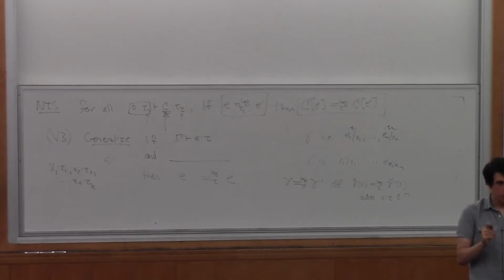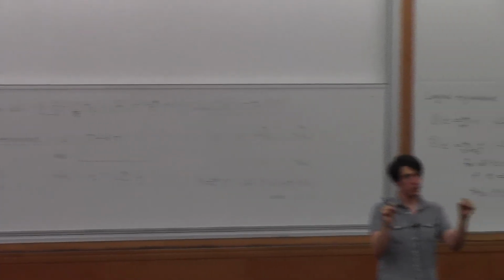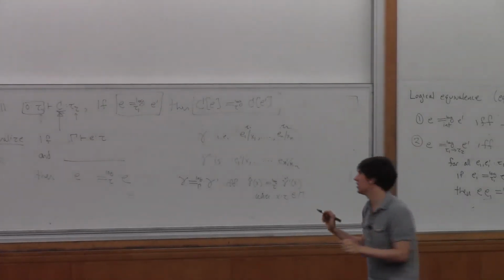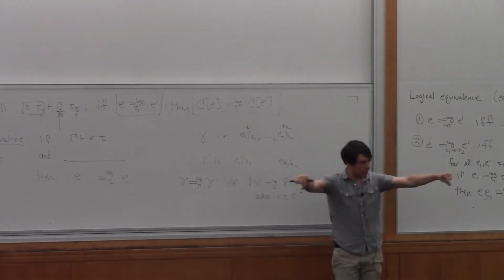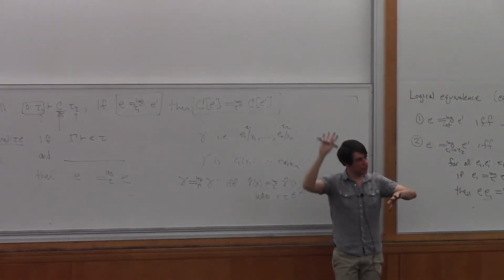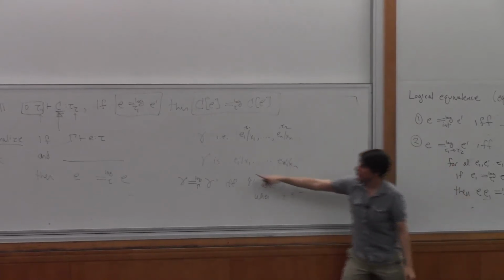Here's the idea. We have two contexts which list a bunch of free variables. We have two different sets of things to plug in for each of those two free variables, gamma and gamma prime. And we insist that they match up pointwise. So whatever I plug in for x over here is related to whatever I plug in for x over here.